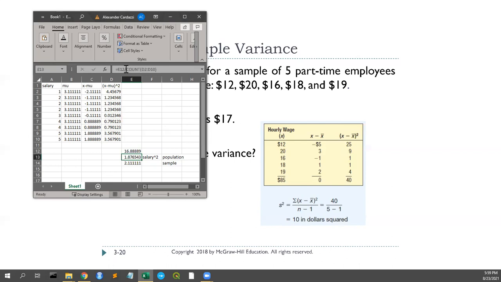It's about 0.3, 0.2 different. So there is some sort of difference in this. And what this is just saying is that if I just randomly select something, the average number of squared units away from the mean is going to be 1.87 or 2.11. And so on.